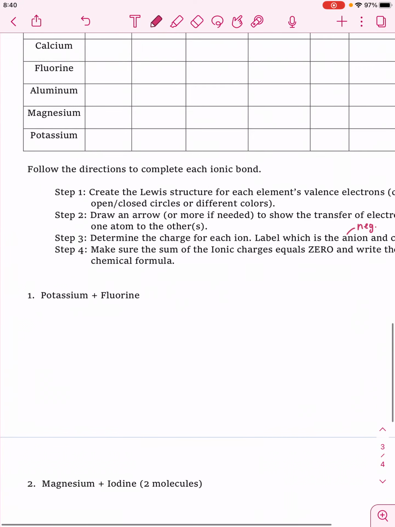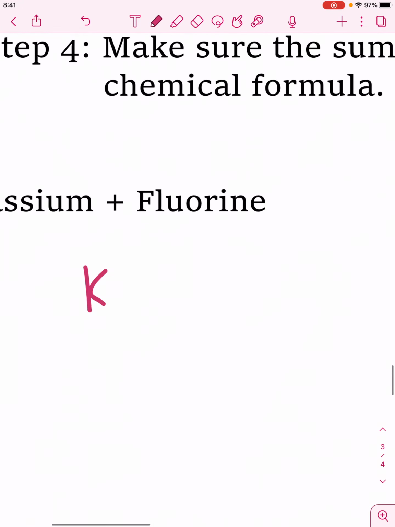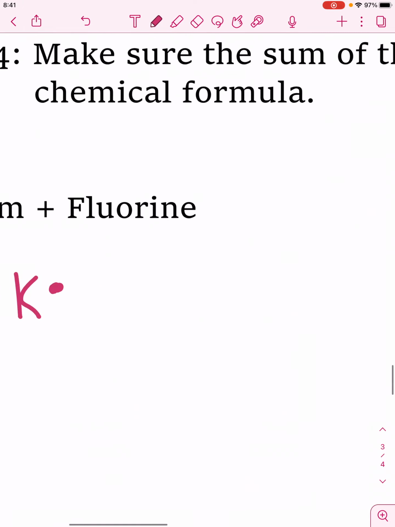So potassium and fluorine, we'll do this example here together. Potassium just has 1 valence electron. Fluorine has 7. Okay.